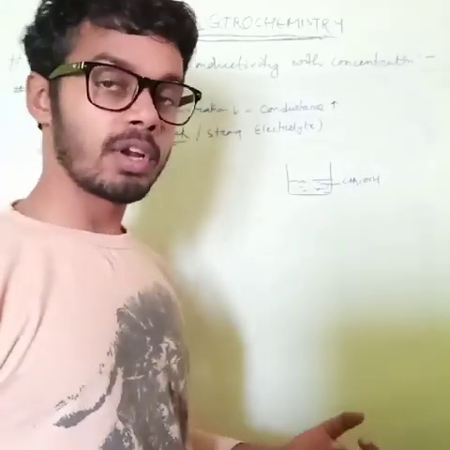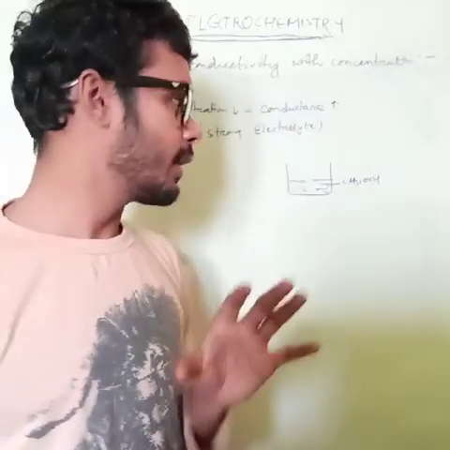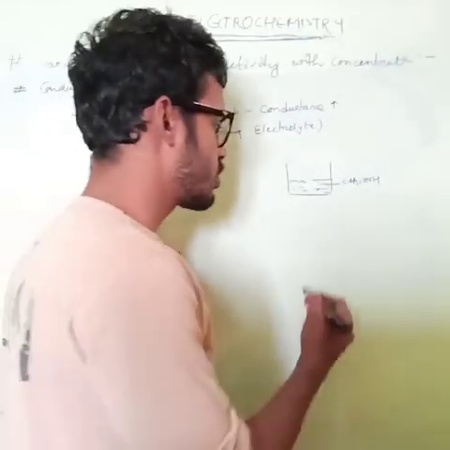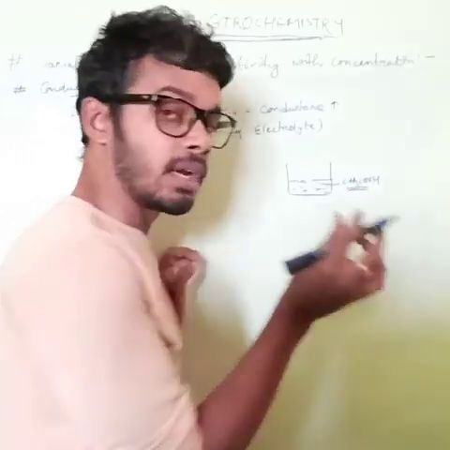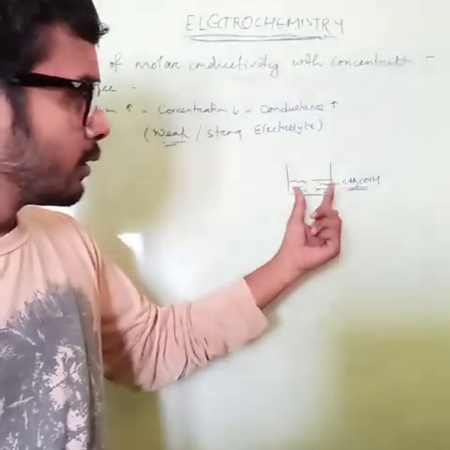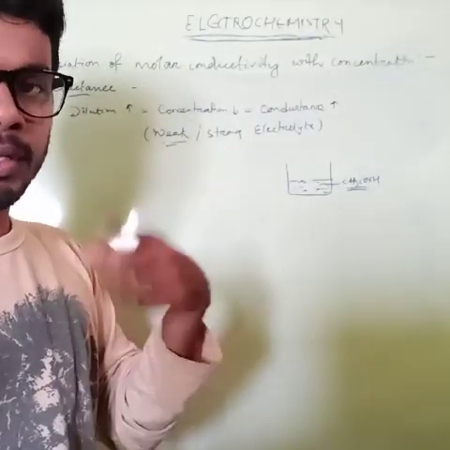Because in a weak electrolyte there is no 100% dissociation into ions, maybe 40%, 50%. That means the solute, the reactant part, will be there in the solution as well as the product part, the ionized part.